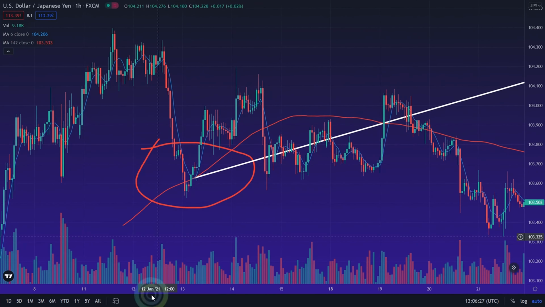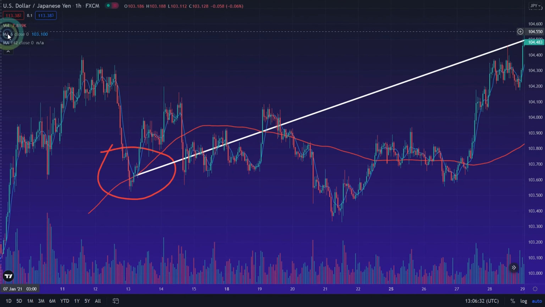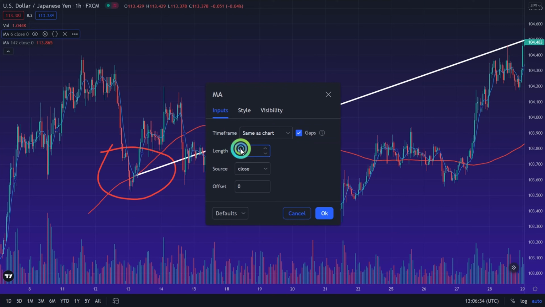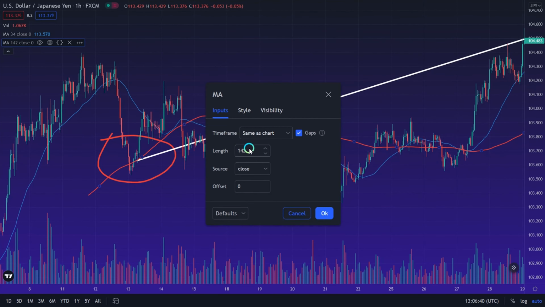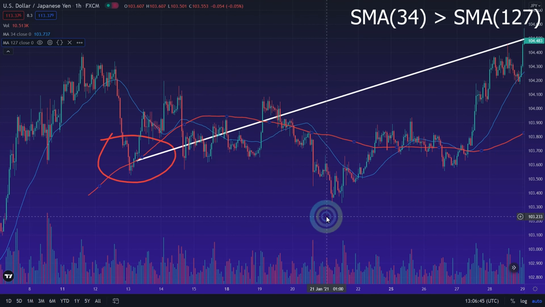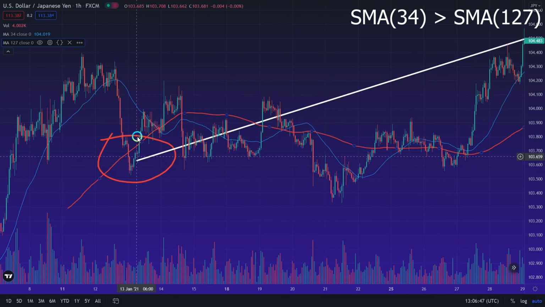Now let's see the second condition. The second condition is an above condition. So we have a 34 period simple moving average, and we have a 127 period simple moving average. And our condition is that the smaller simple moving average has to be above the bigger simple moving average.